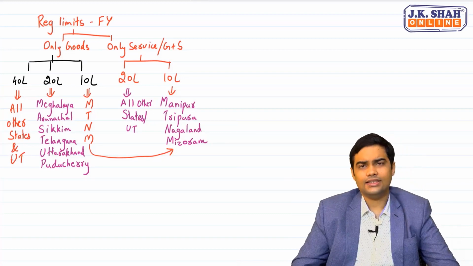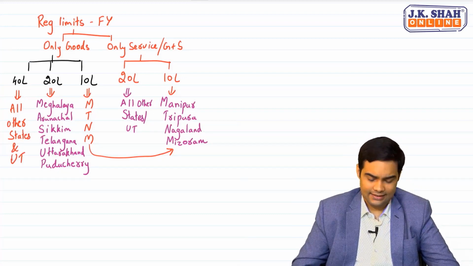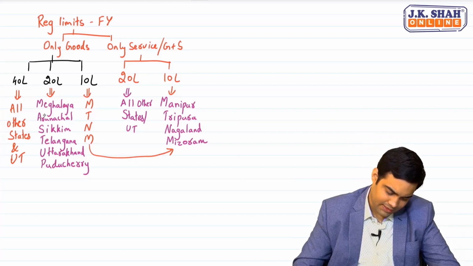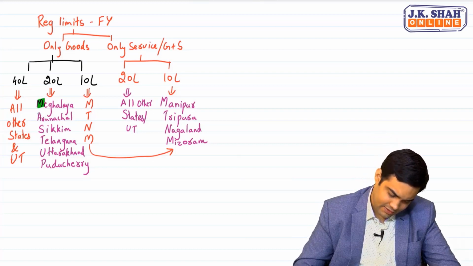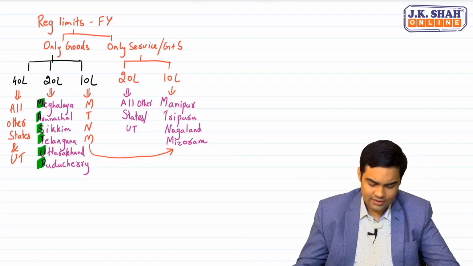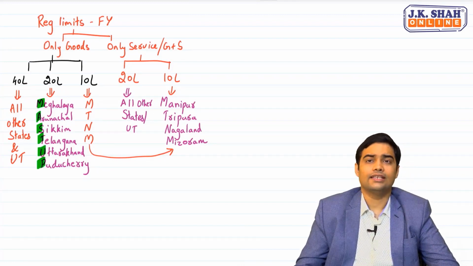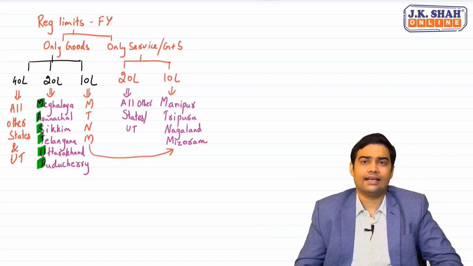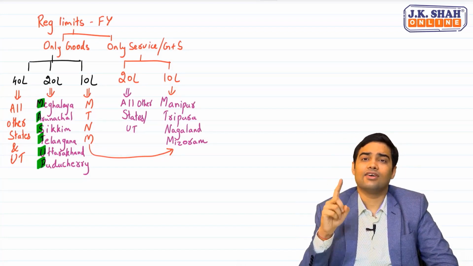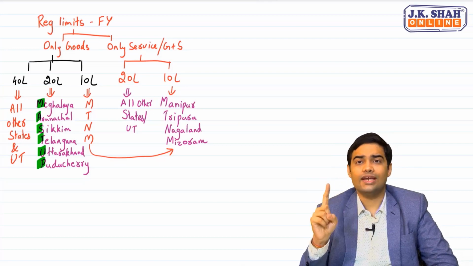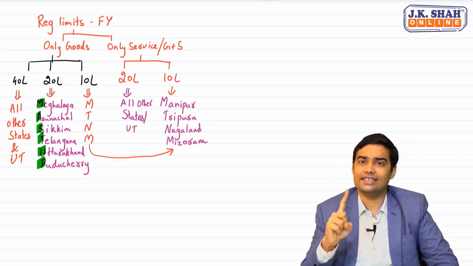Just for remembering, if we were to talk about goods only 20 lakh, it's MAST-UP. Manipur is covered under 10 lakh. Meghalaya is covered under 20 lakh. Be very careful about this particular distinction.